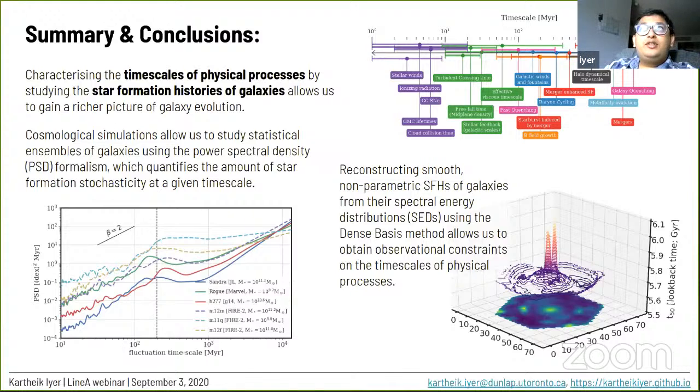So my older code was built using the BC03 models, but currently it's using FSPS, the Flexible Stellar Population Synthesis models by Charlie Conroy. And within that, you have access to, I think, multiple libraries of stellar tracks as well as isochrones.